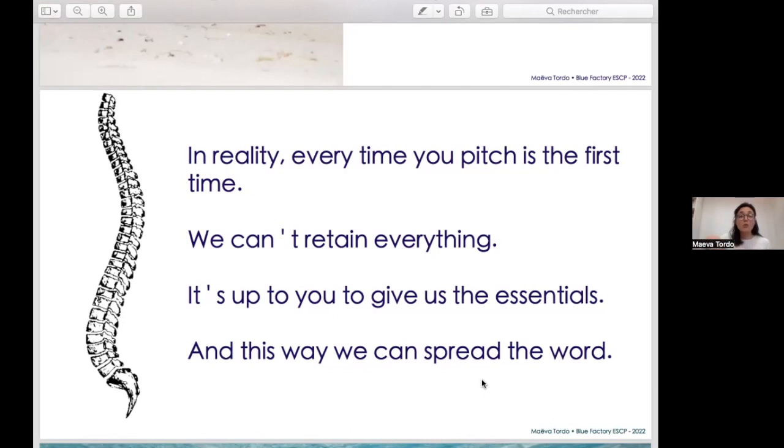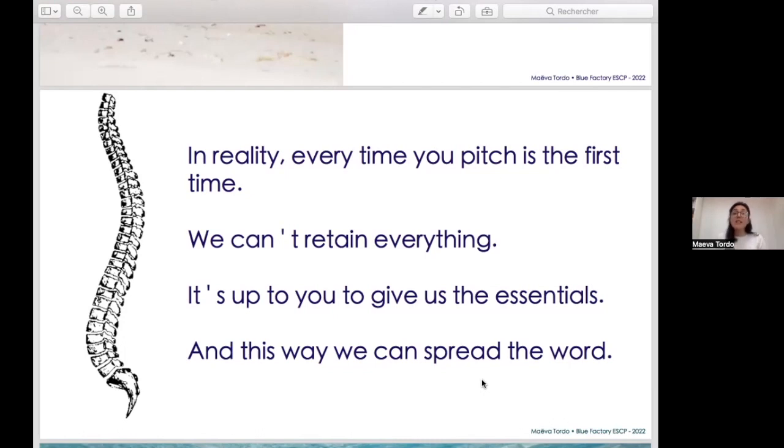Because I was saying that you don't know to whom you are pitching. So it's true that maybe you present your project and the person in front is not very interested, but maybe this person will have dinner tonight with someone that is exactly your target. And if you are able to be super clear about what you do and to say things that the person can remember, such as the name of your company or anything that makes it memorable, then this person will be able at night to speak about what you do to the right person, and so we'll be able to spread the word.